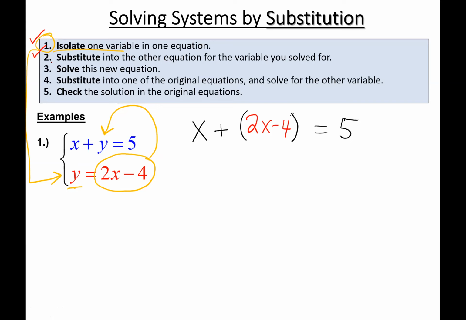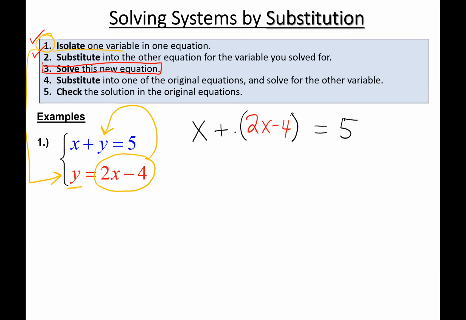And now step 3, that's going to be the most work. Solve this new equation. So take all the skills we've built up to this point in terms of solving for x, and we're going to apply them to this equation. So let's solve the equation x plus 2x minus 4 equals 5. Now I had the 2x minus 4 in parentheses.